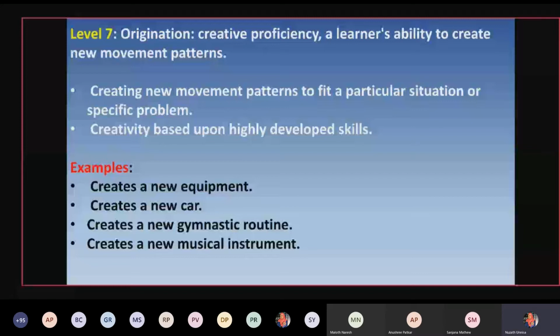So all these 3 levels, the cognitive level, the psychomotor level, and the affective level, combined, if we try to execute in a class, then we can achieve something which is creative.